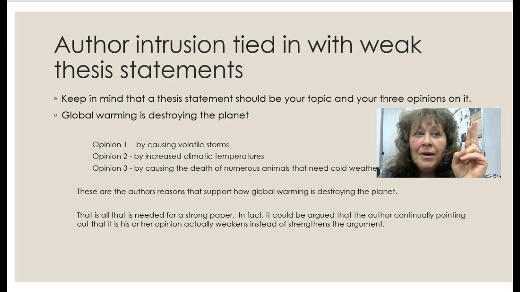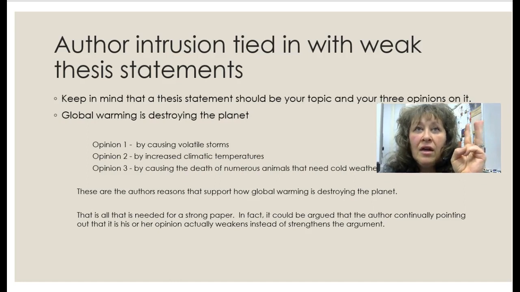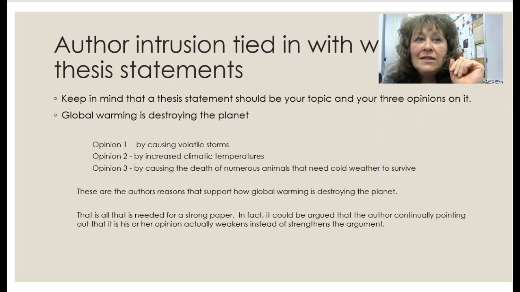Opinion 2, by increased climatic temperatures, or by increasing climatic temperatures. And opinion 3, by causing the death of numerous animals that need cold weather to survive. These are the author's reasons that support how global warming is destroying the planet. And that's all that's needed for a strong paper.